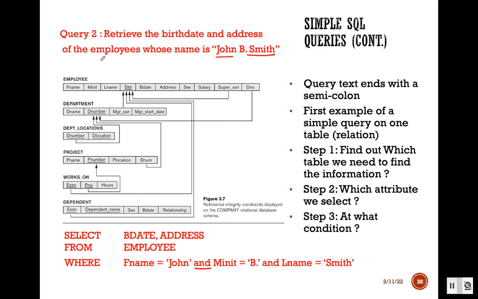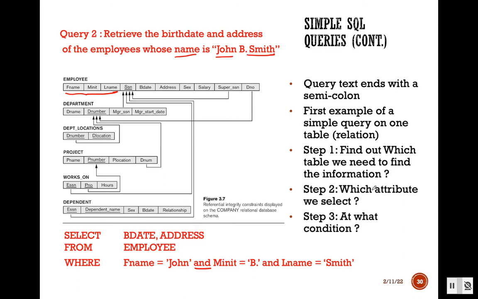In the employee table the name has three attributes. The whole name is a combination of F name, M init and L name. Here we are only asking for the name John B. Smith, but looking at the table, each employee has a first name, middle initial and last name.